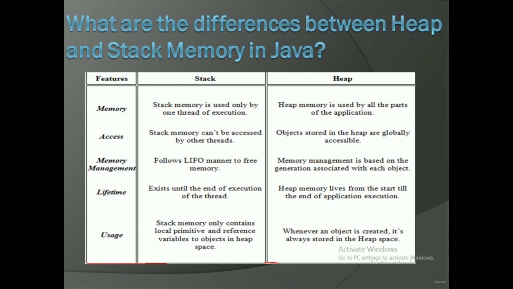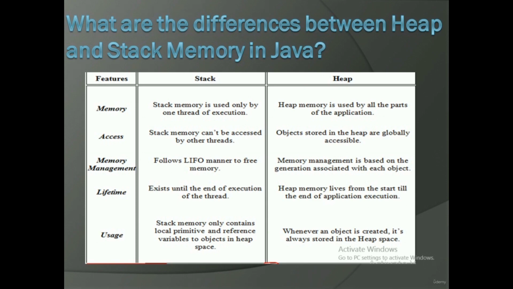Memory management follows LIFO, last in first out, manner to free memory. Memory management in heap is based on the generation associated with each object. Lifetime: stack memory exists until the end of execution of the thread. In heap memory, it lives from the start till the end of the application execution.